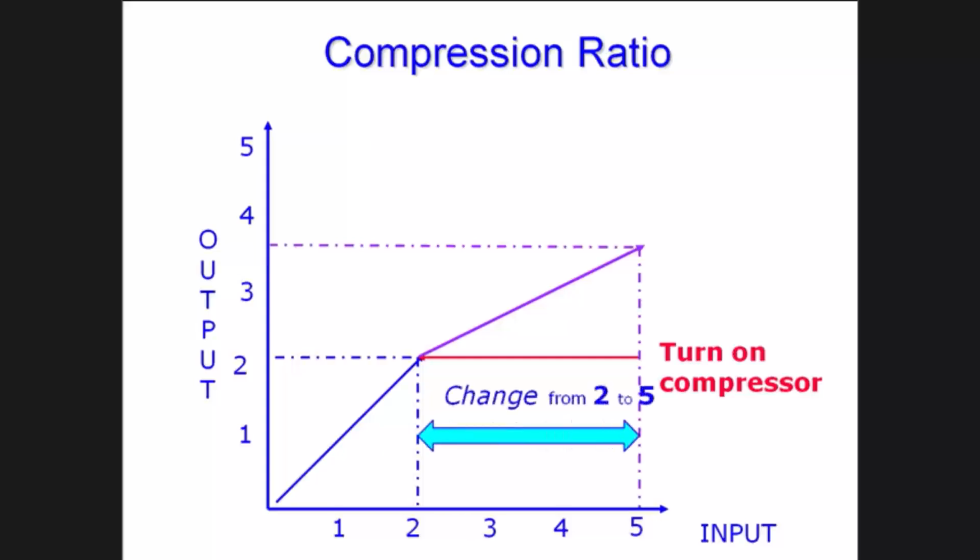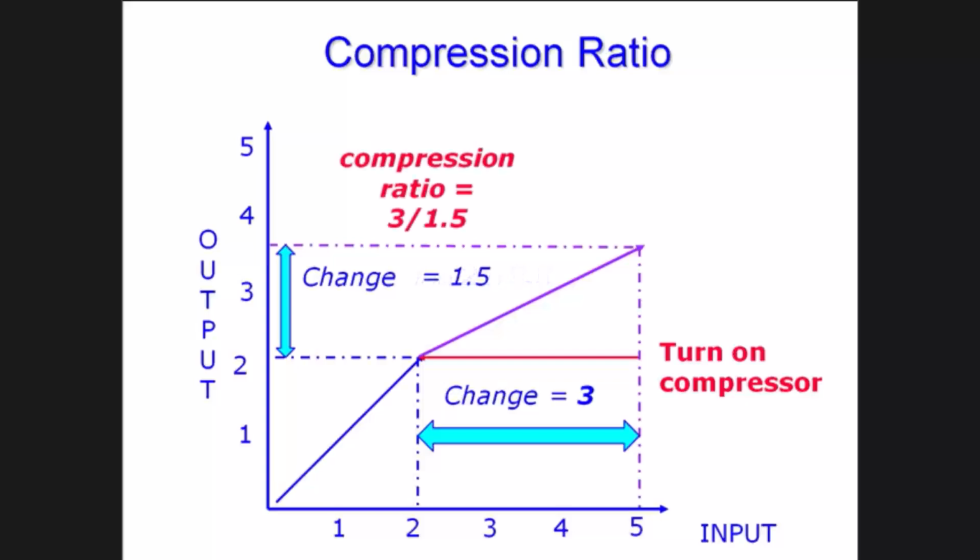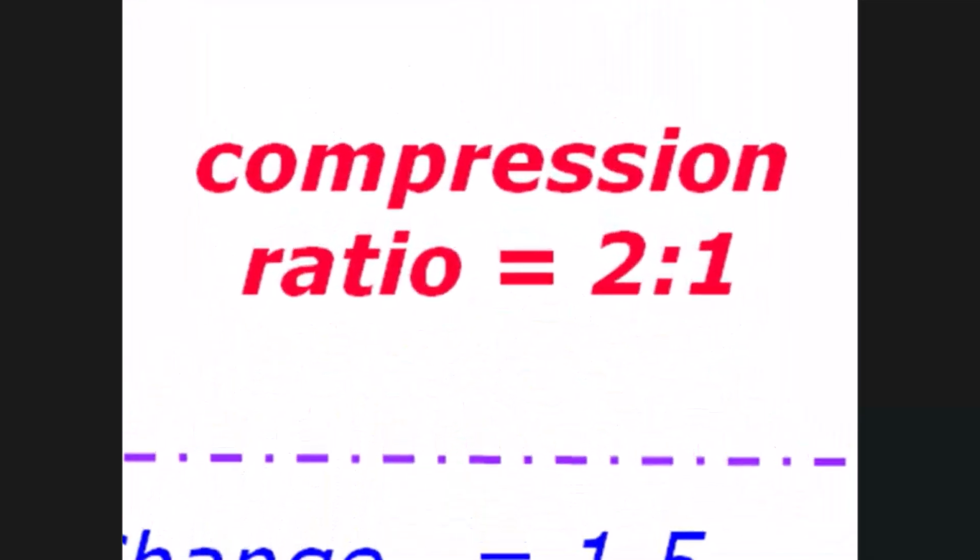So looking at the change, the input changed from 2 to 5 units for a total of 3 units, but the output only changed from 2 units to 3.5 units, or a total of 1.5 units. Therefore, our compression ratio is 3 compared to 1.5, which is equal to 2 to 1. We have a compression ratio of 2 to 1.